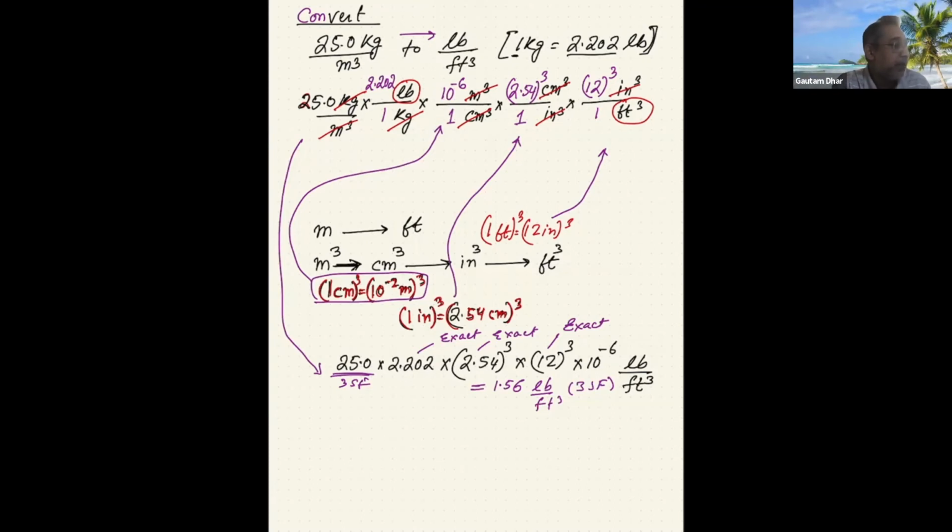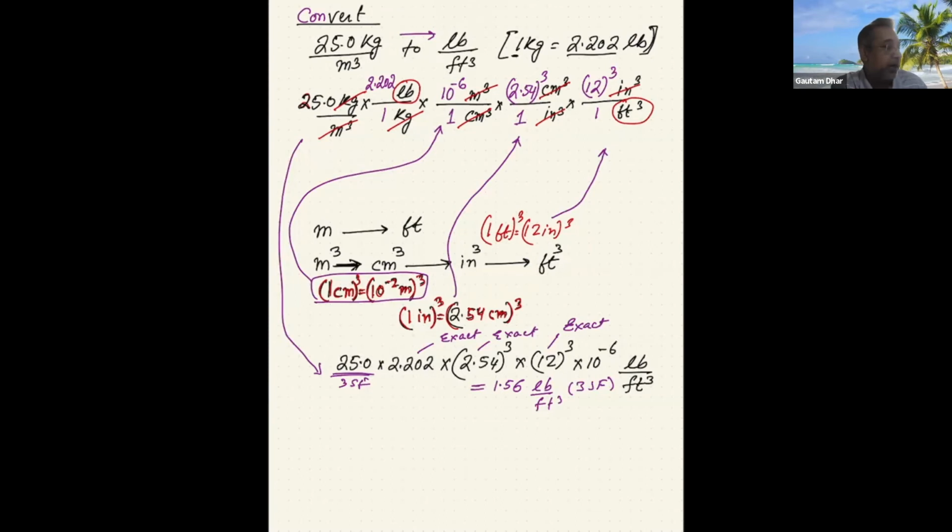I've been given the conversion factor: 1 kg is 2.202 pound. I can use that. With that factor, the first conversion is converting it into pound. But then there's a meter cubed. I need to convert the meter cube to feet cube. Okay. How can I do that?